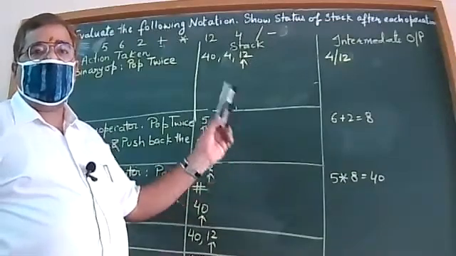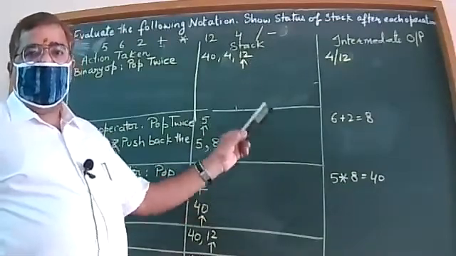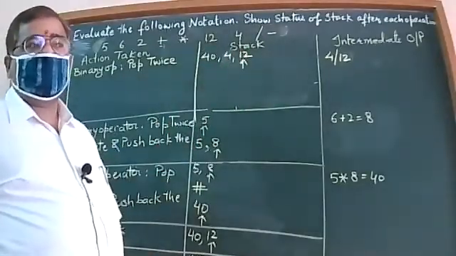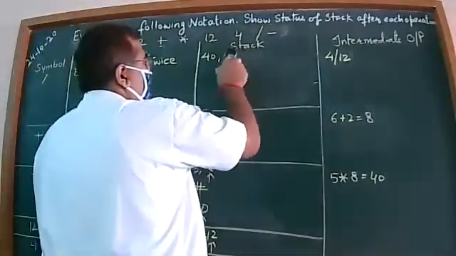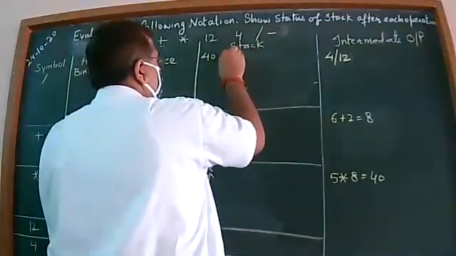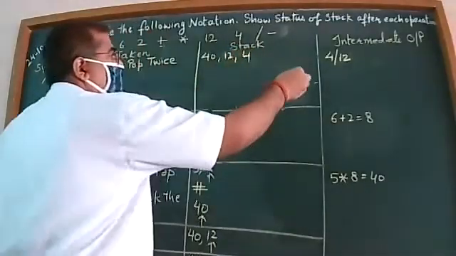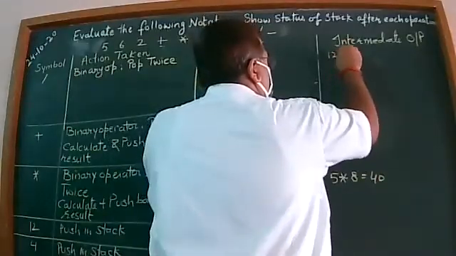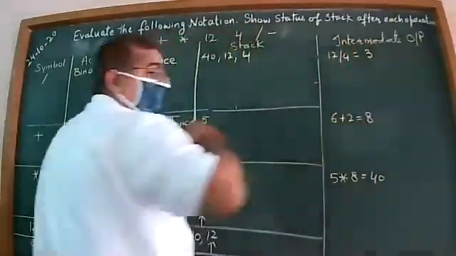Be careful in the question of evaluation while performing the minus and divide operation. So this comes out to 3.